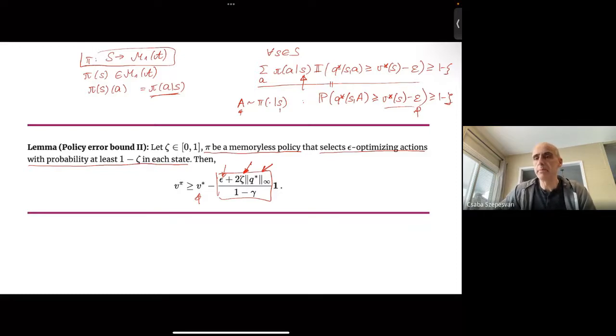And that might happen because the next states that are sampled from the simulator are randomly chosen. So there is a chance that the next states are not representative of reality, so the sample average is not actually close to the true average. This may happen, and if that happens, then you may end up choosing a bad action.